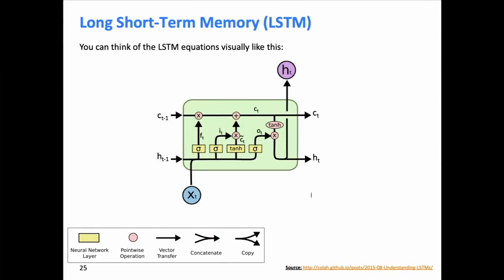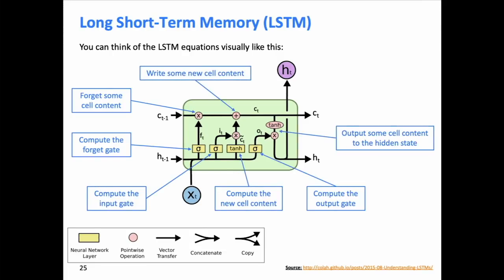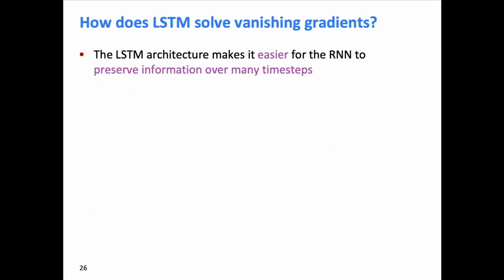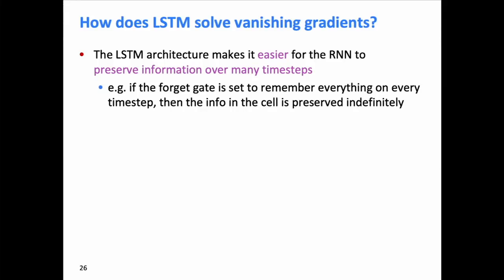Okay, so that's LSTMs, and LSTMs were introduced to try to solve the vanishing gradient problem. So the question is, how exactly is this architecture making the vanishing gradient problem any better? You could see that the LSTM architecture actually makes it easier for RNNs to preserve information over many time steps. While it was kind of difficult for the vanilla RNN to preserve the information over all of the hidden states, there's a fairly easy strategy that makes it simple for the LSTM to preserve the information.